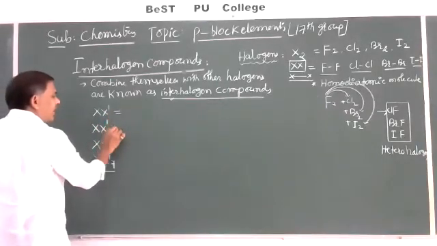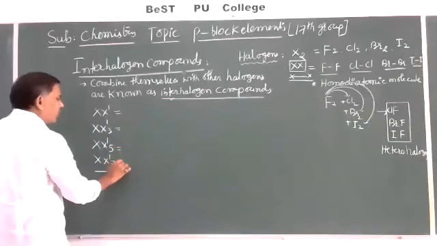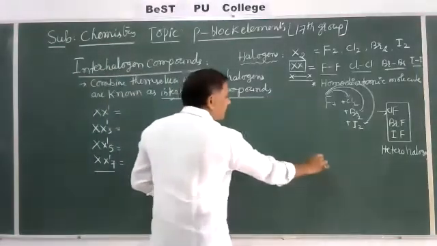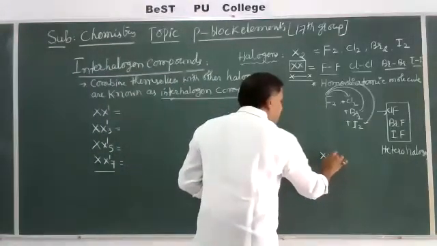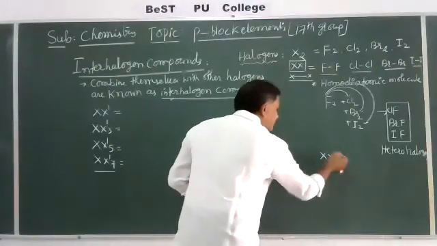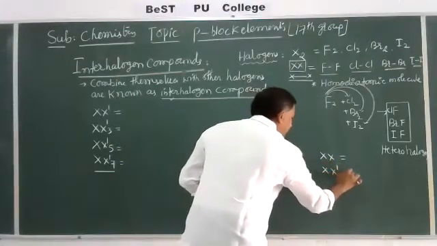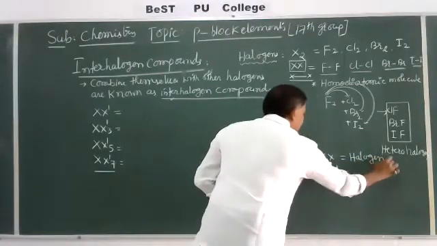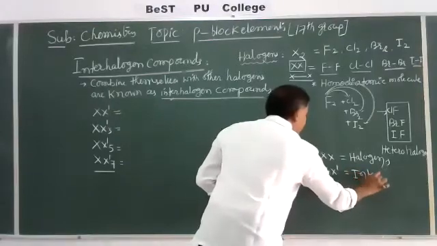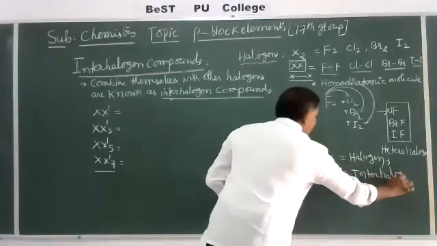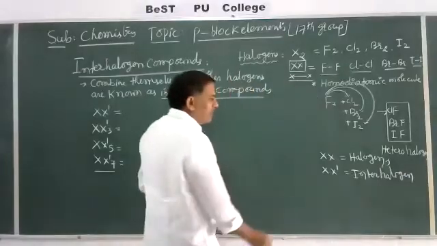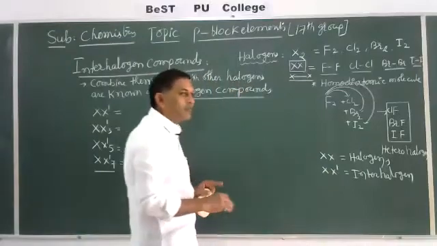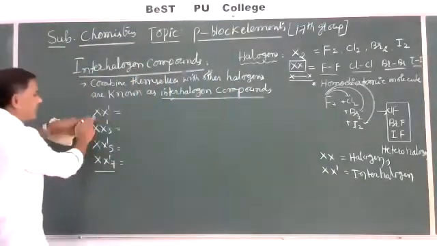In any case, here X and here X'. These are simply halogens, and these are interhalogen compounds. Now X and X may be the same, but X and X' are not the same; they differ.